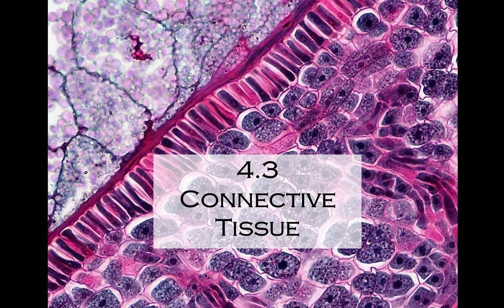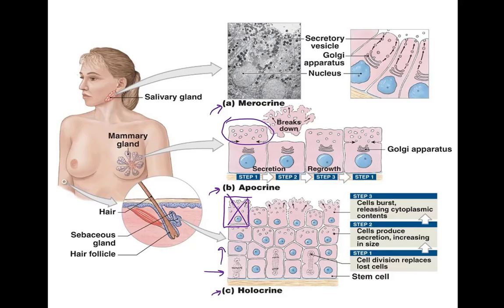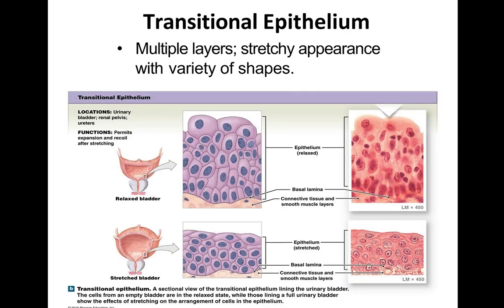Our next tissue category is connective tissue. There are some distinguishing features of connective tissue that you need to know. The biggest difference between connective tissues and epithelial tissues is that cells in connective tissue are widely spaced apart. Remember, our epithelial cells, if we go back, are right on top of each other.